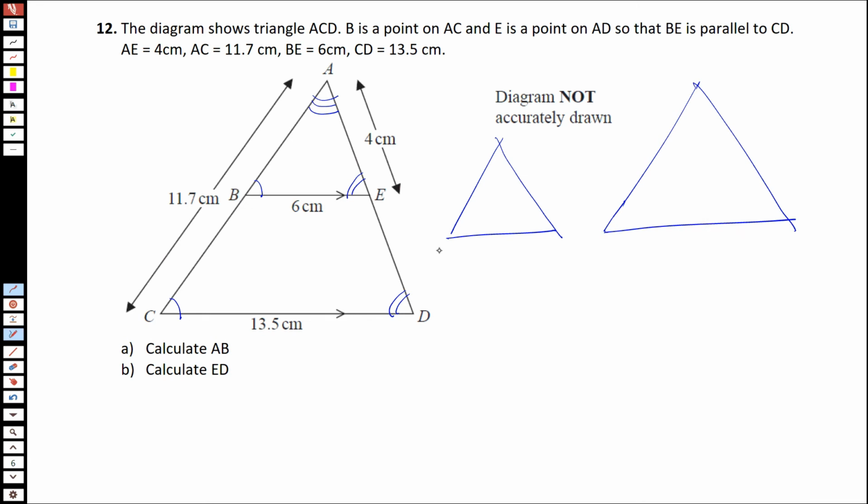So the smaller one is BEA, and here I'll draw the angles later on, and then here I have CDA.